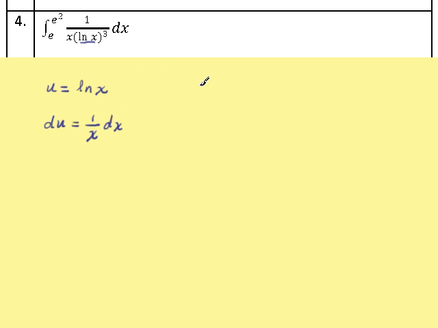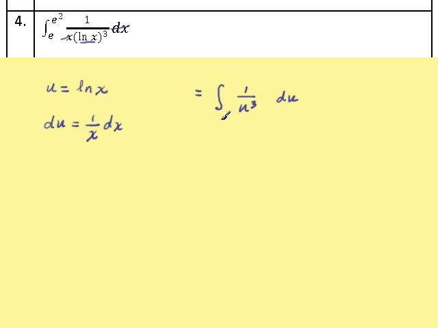Okay, so we're ready to substitute. All right, so we have the integral, and instead of 1 over x dx, we're putting du, and we have 1 over u cubed.